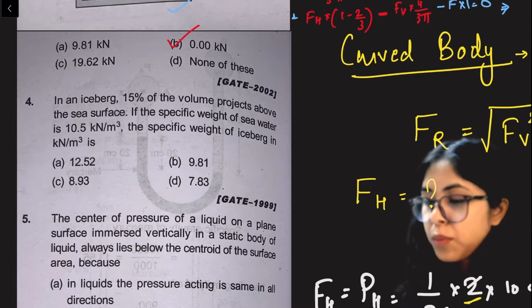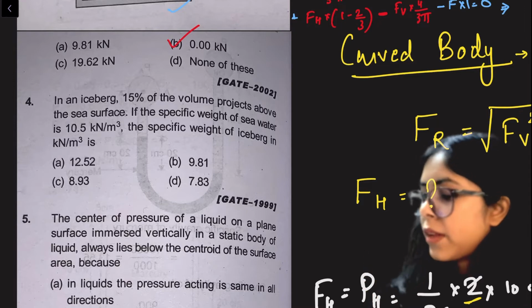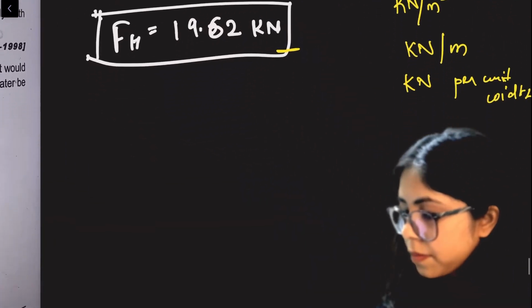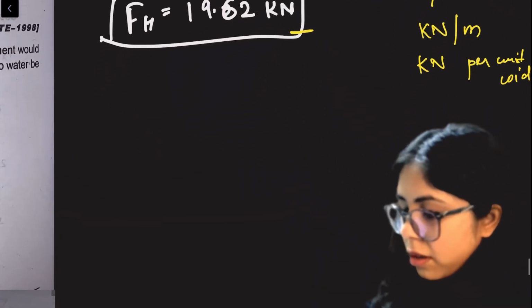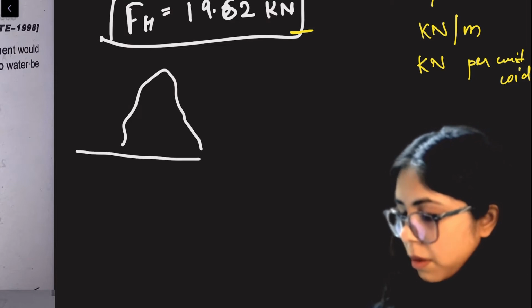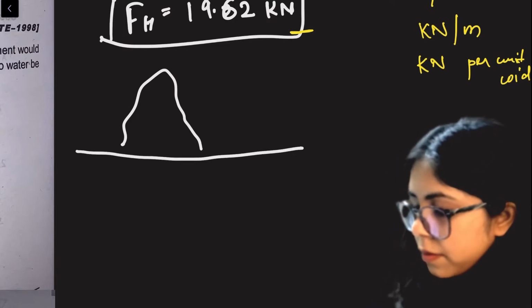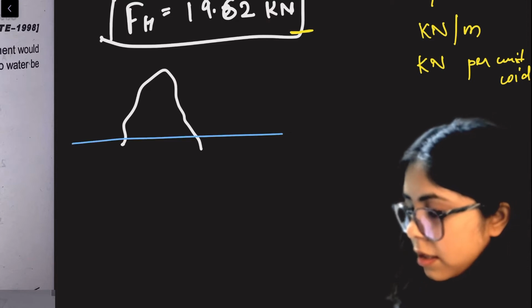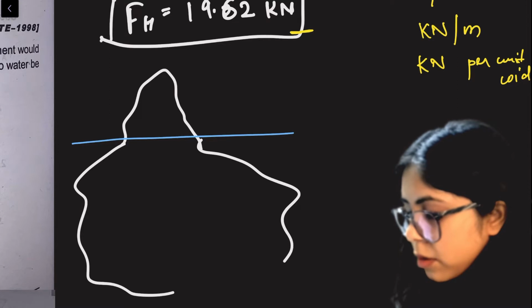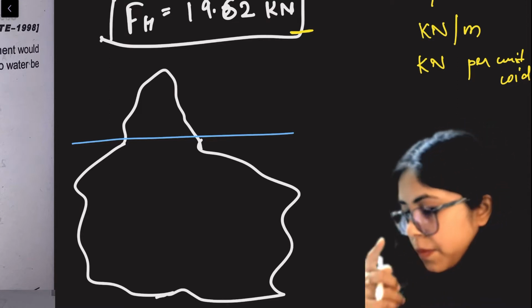That means 85% of the iceberg is in the sea. So if I draw, let's say for our imagination, this is 15% of the iceberg, and let's say this is the sea surface, and that means 85% of the iceberg is below the sea surface.